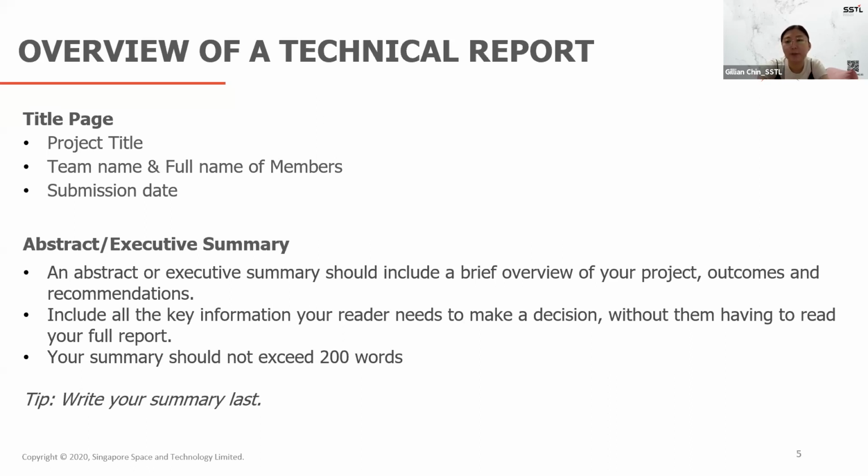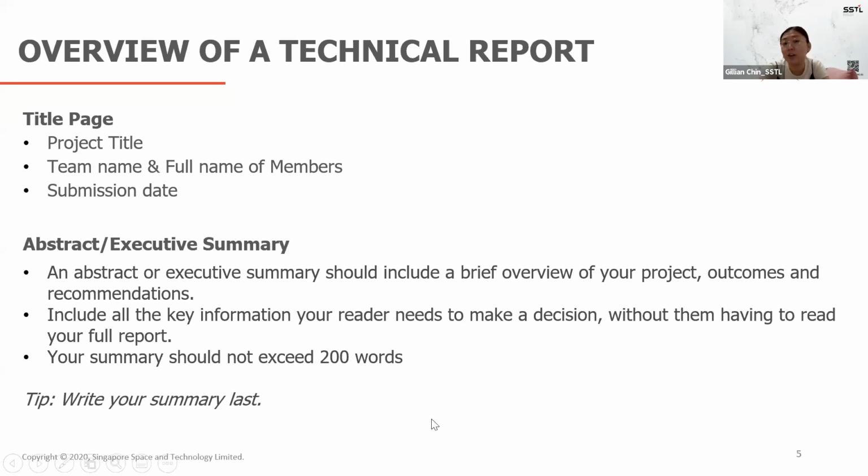Like I mentioned, they have to read over 100 reports. If they are all 30 to 50 pages long, it's going to be quite exhausting. And at some point, the judges are definitely going to skim over some papers that may not necessarily interest them. So your executive summary is extremely important.